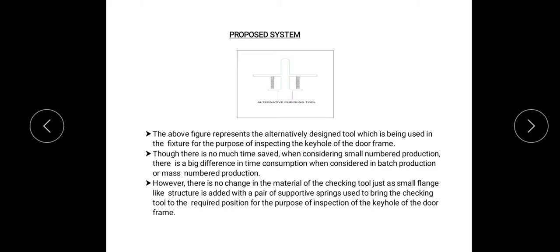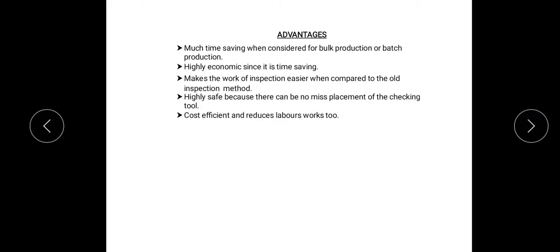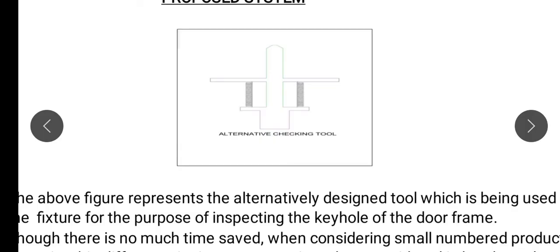Though not much time is saved in small number production, there is a big difference in time consumption when considering batch production or mass production. A small groove was given at the tip of the tool.